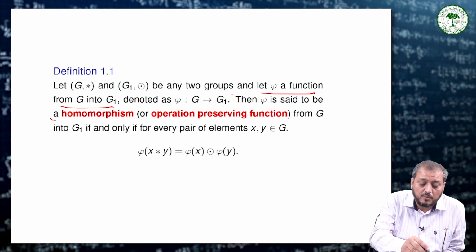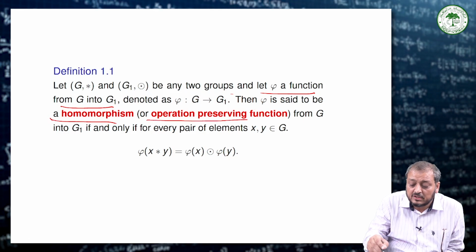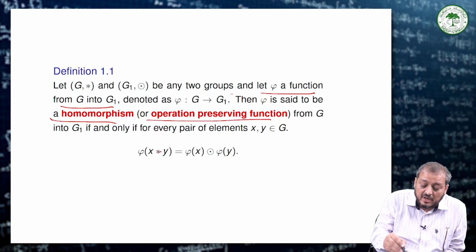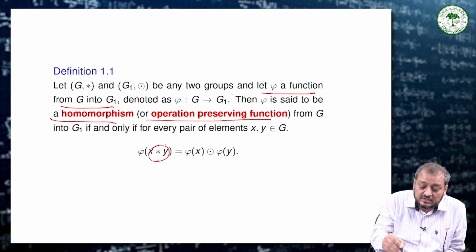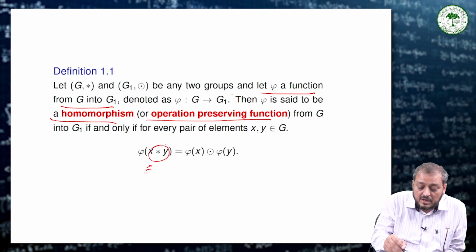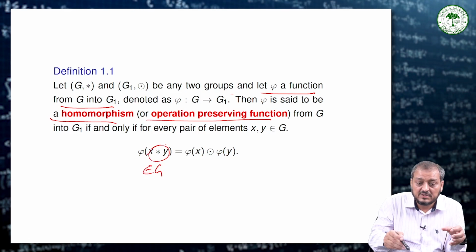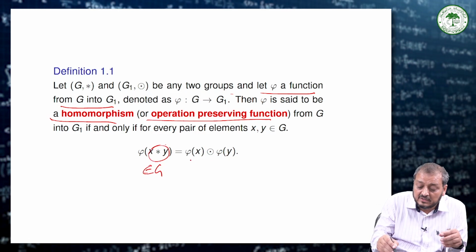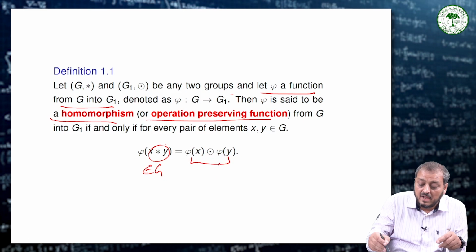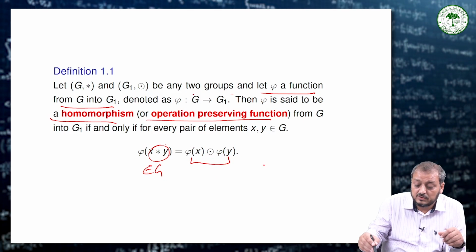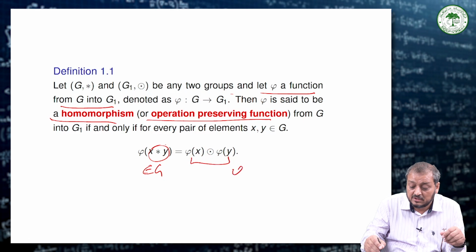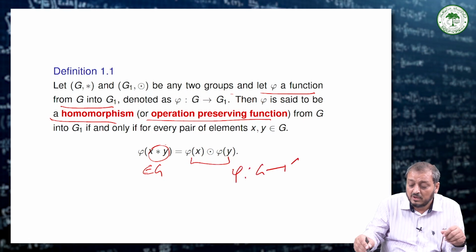Then phi is said to be a homomorphism, or an operation preserving function, because it preserves the operation. The elements x and y are in G, because G is a group.